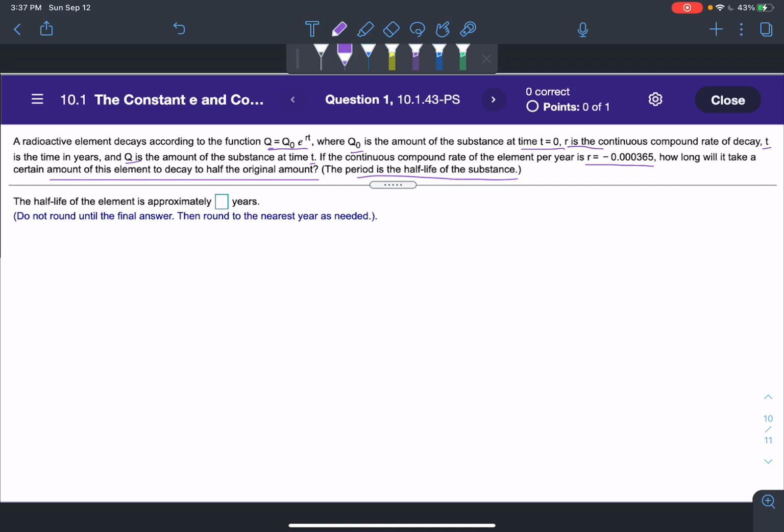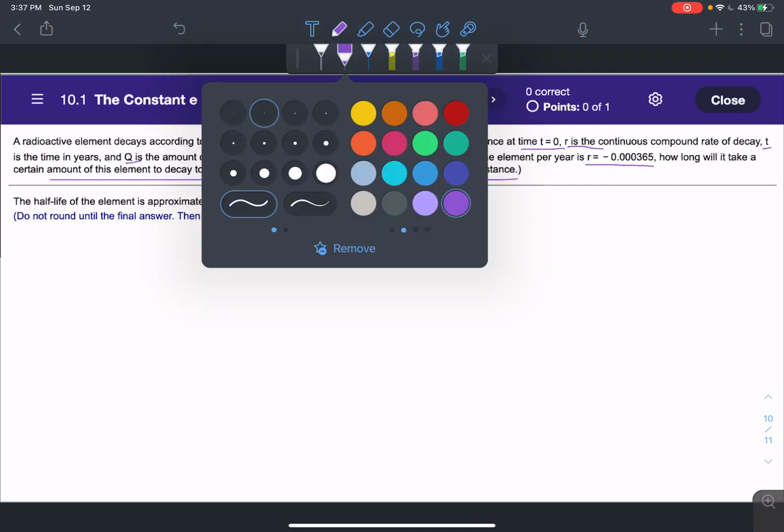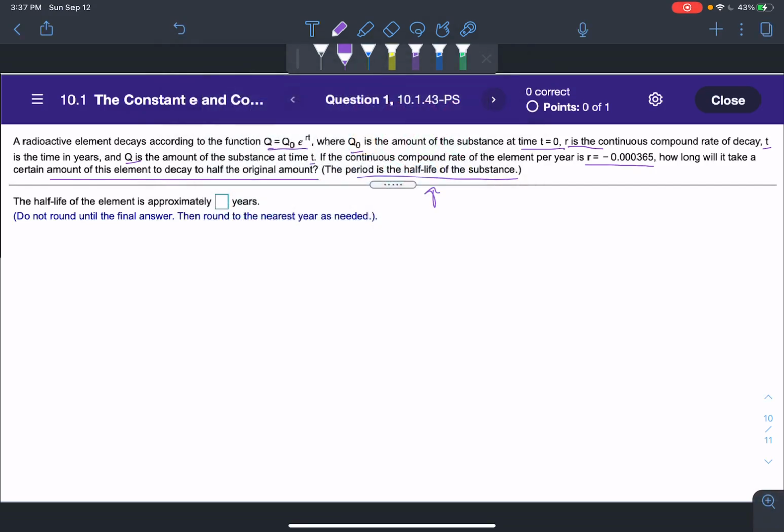This means at a certain time T, at its half-life, we expect the amount to equal 1/2 of the starting amount. So this is our amount at time T of our half-life, and this was the starting amount, so our amount is 1/2 of Q naught.